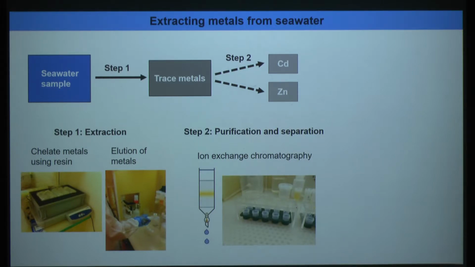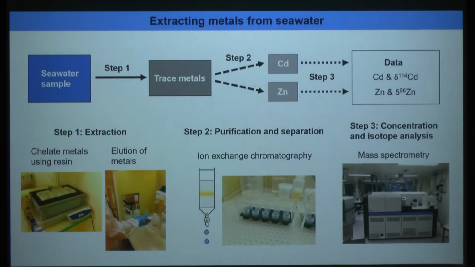If you want to measure things on an ICP-MS in the end, you'll have interferences, and you really want to get rid of anything but cadmium, for example, before you measure it. And that would be the last step. Measure things on a Neptune ICP-MS multi-collector, and you get both concentration and isotope data. In my case for cadmium and zinc, but the same method also works for iron and in principle many other metals as well.